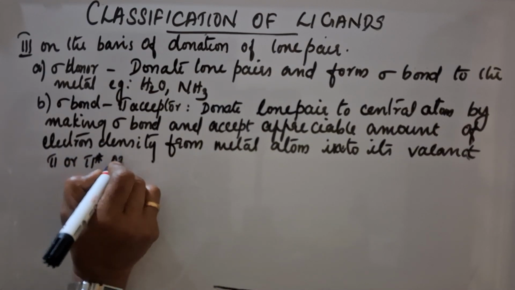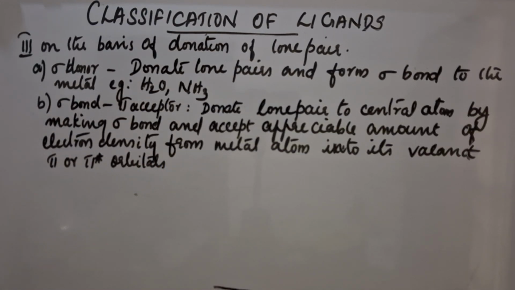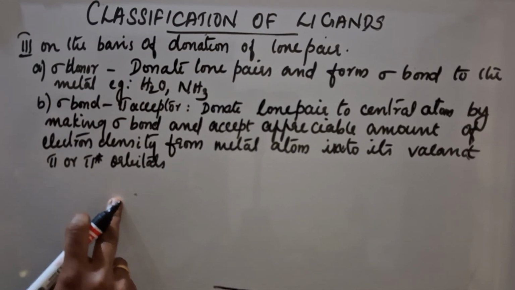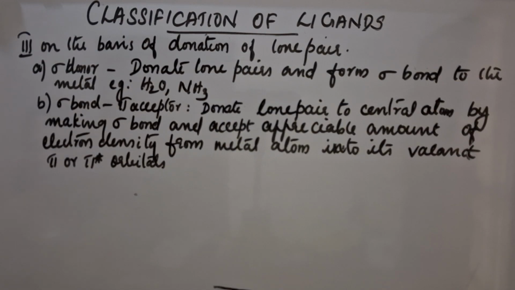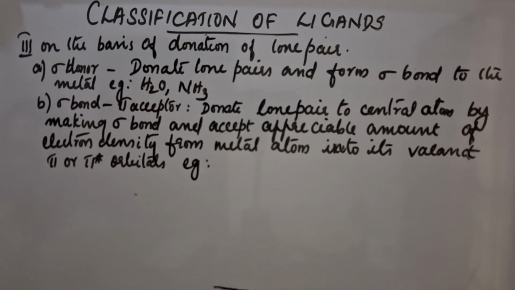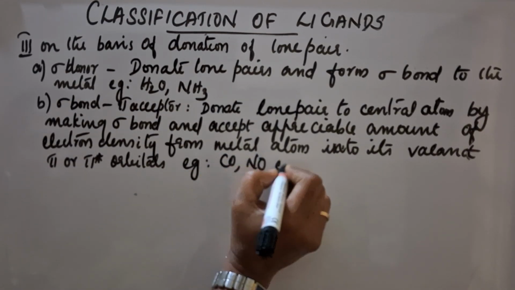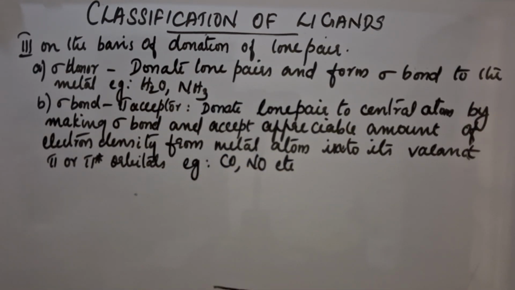So at the same time a sigma bond is formed and it is also a pi acceptor. Examples are CO, NO, etc. These are also called pi acid ligands.